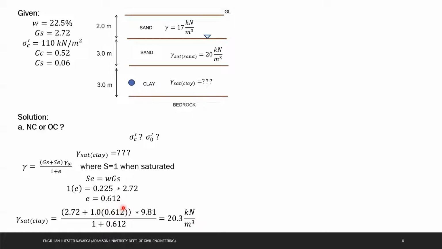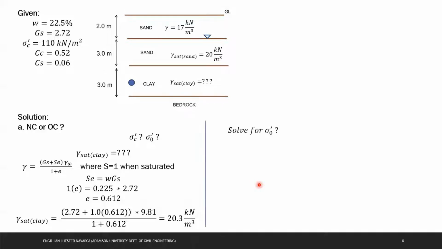Void ratio of 0.612, over 1 plus e, multiplied by the unit weight of water. We are using 9.81 kilonewton per cubic meter. Therefore, we have a saturated unit weight of clay that is 20.3 kilonewton per cubic meter.